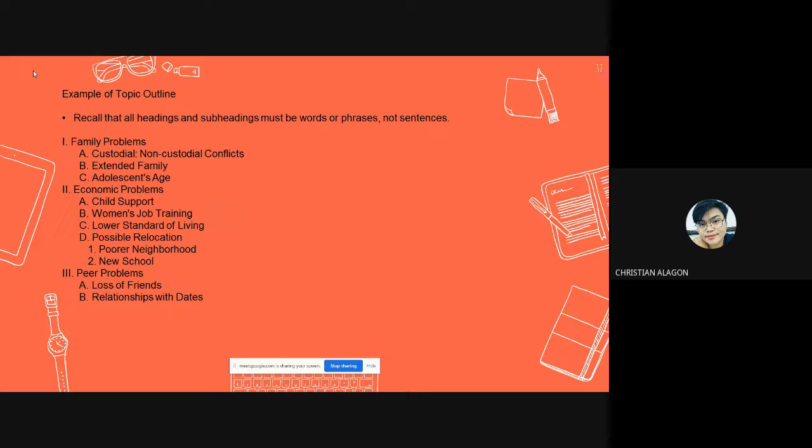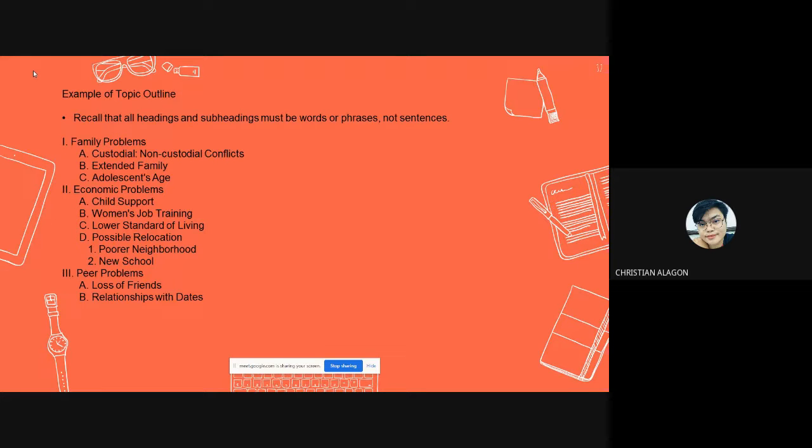So the main topic is of course a family problem, and the supporting details will be custody and non-custodial conflict, extended family, and so on and so forth. So this is one example of topic outline. It consists of word phrases, not sentences. All right, students, just remember that one.